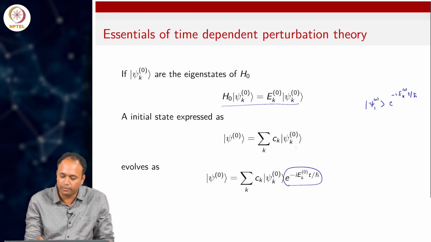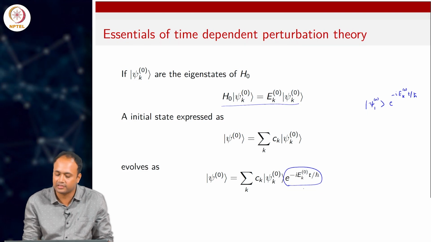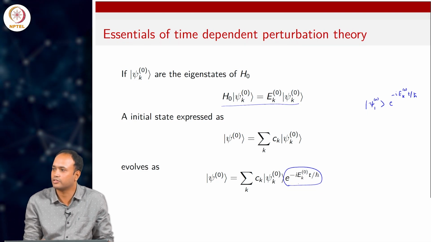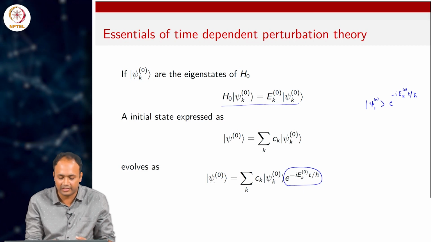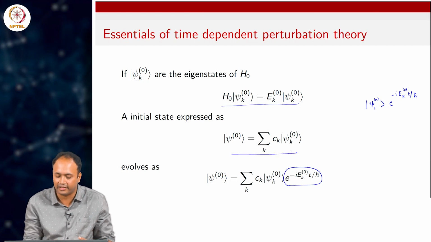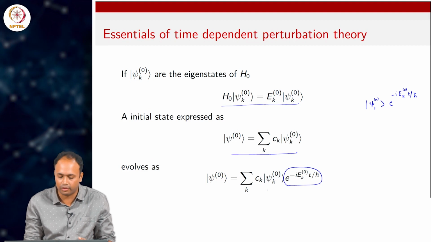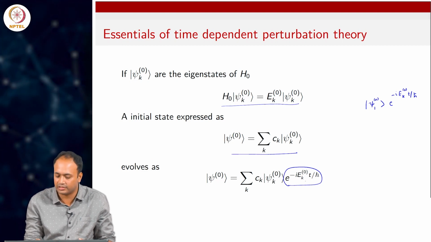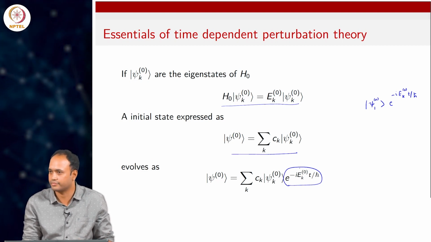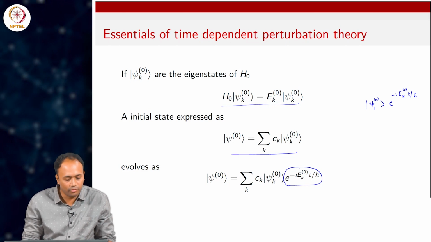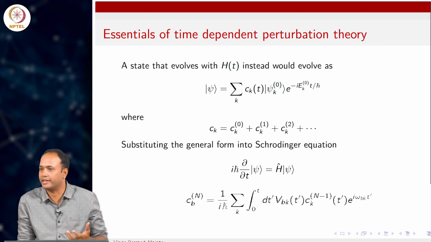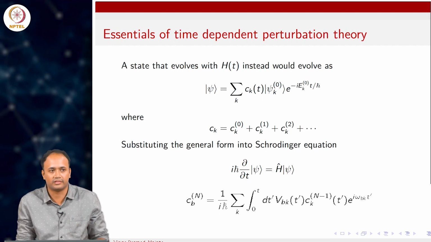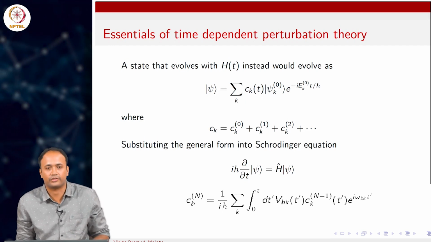Now if I have a superposition of the states, each of these eigenstates picks up such a phase, and that is a solution to this question: how does this state, which is initially given as this at time zero, look at a later time t? Each of these states picks up this phase factor. Now we can ask how this state looks if it is not just H naught, but I also have this H prime, the interaction operator.